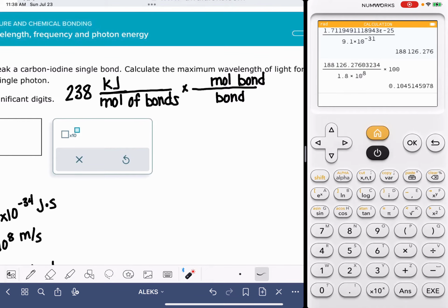Instead, we just want one bond. And we know that a mole is just a unit of quantity. 1 mole of anything represents 6.022 times 10 to the 23 of whatever it is that we're talking about. In this case, we're talking about bonds. So setting the equation up this way, we're going to cancel out that mole of bonds unit, and we're just going to end up with units of kilojoules for just one individual bond.